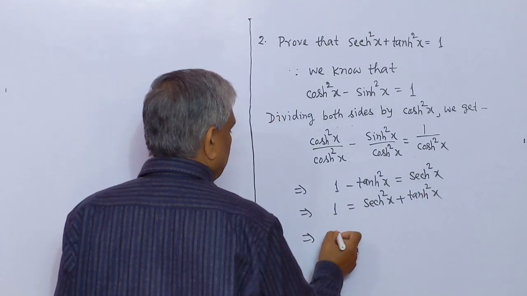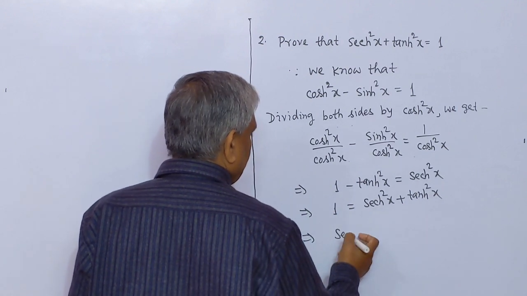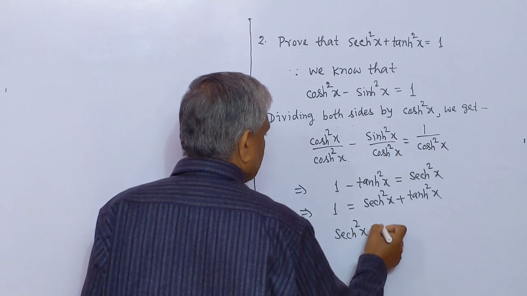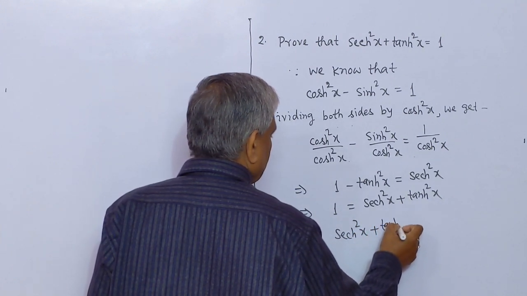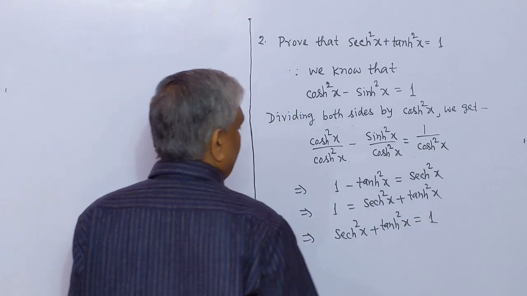We write right side as left side and left side as right side. Sech square x plus tanh square x equal to 1, and proved.